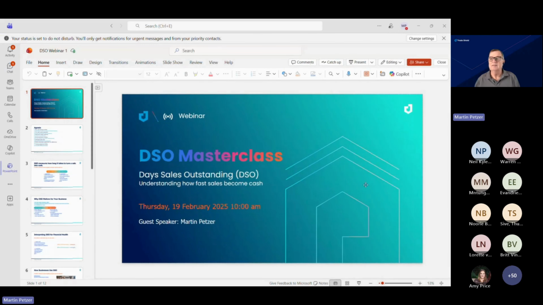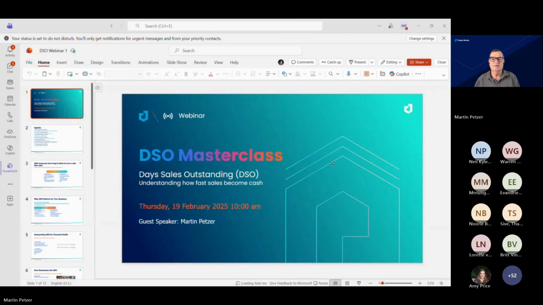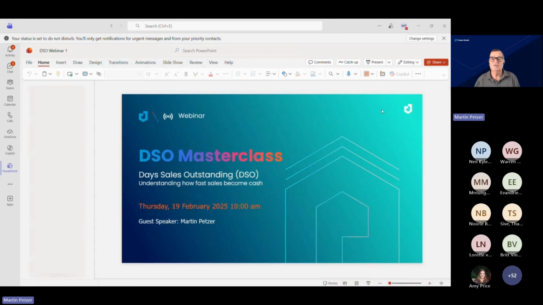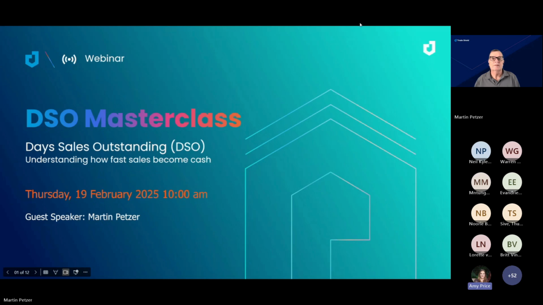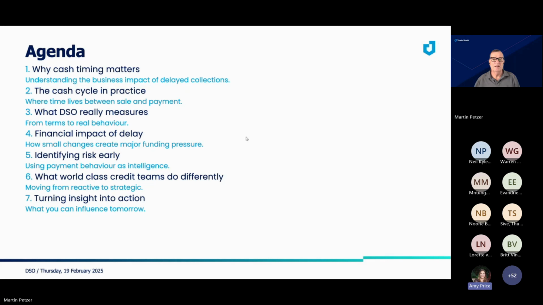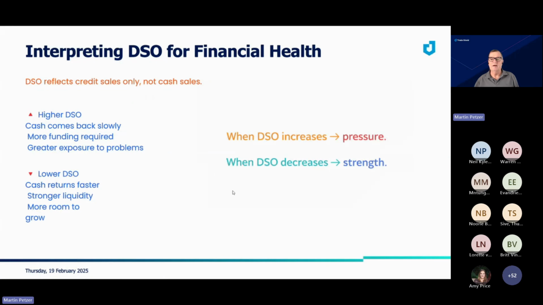Okay, there we go. Now present in Teams. Resume. Can you see it again? We're still seeing the full screen, not what we should be seeing. So there we go. Is it back again? Yeah, just maybe scroll back. Next. That's it. All right.